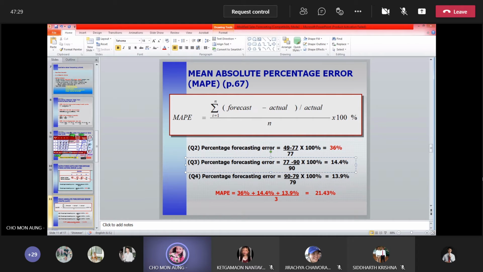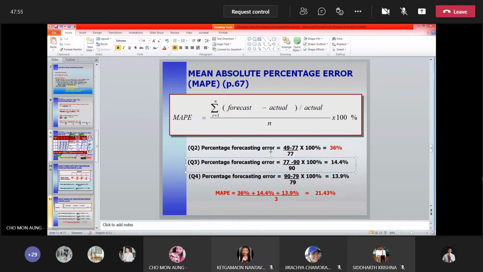Therefore, for the error, we take the absolute value. We ignore the plus or minus sign here. Is that clear? Yes.